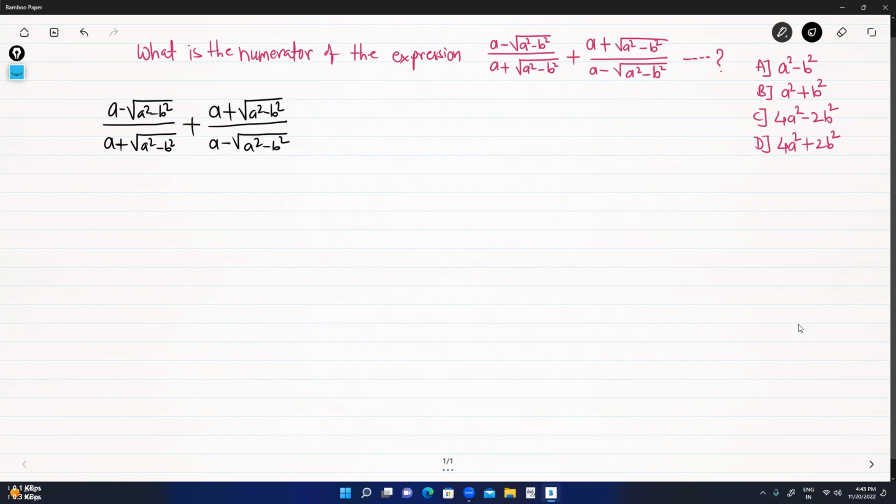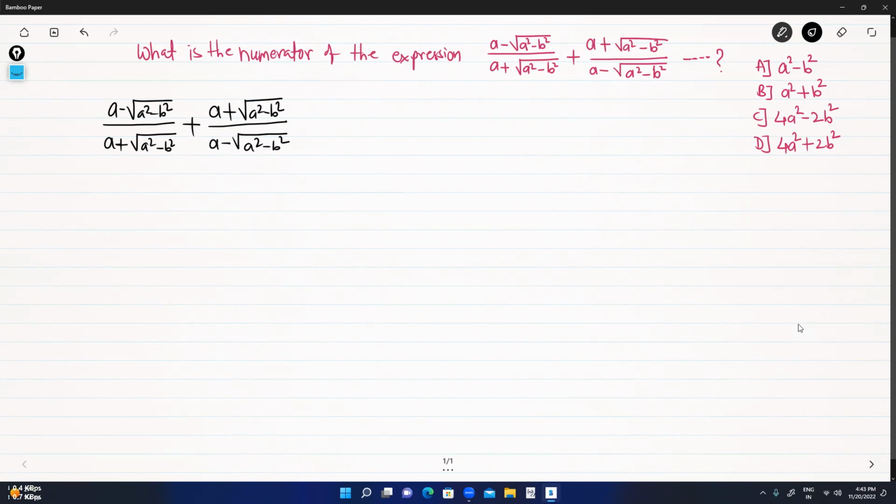So you can see in the first fraction and second fraction, there are no terms which can be directly cancelled out. So we will make a cross multiplication over here. So the numerator of the first fraction will be multiplied with the denominator of the second fraction and vice versa.